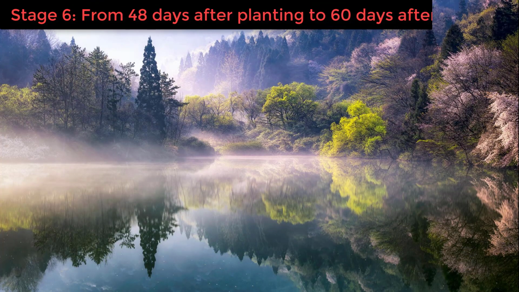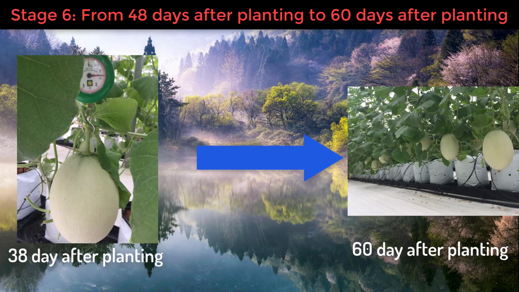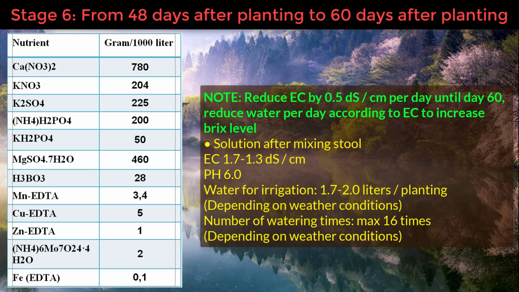Stage 6 from 48 days after planting to 60 days after planting. Note: reduce EC by 0.5 per day until day 60. Reduce water per day according to EC to increase brix level.